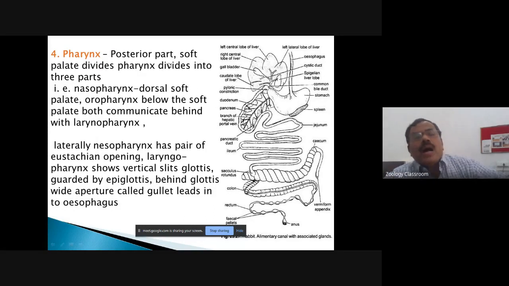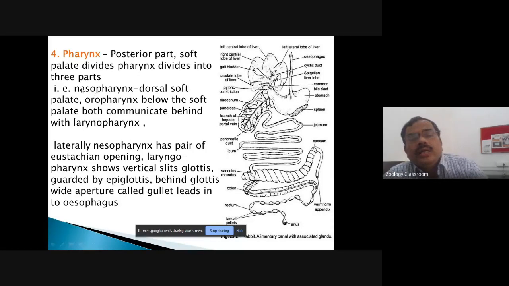The posterior part of the buccal cavity is known as the pharynx. It has the soft palate, and the pharynx divides into 3 parts. Which are these 3 parts? The nasopharynx is the first part, then the oropharynx is the second part, and the laryngopharynx is the third part.